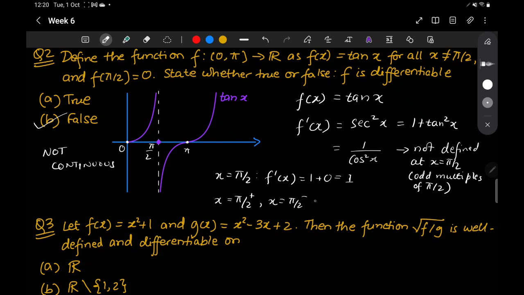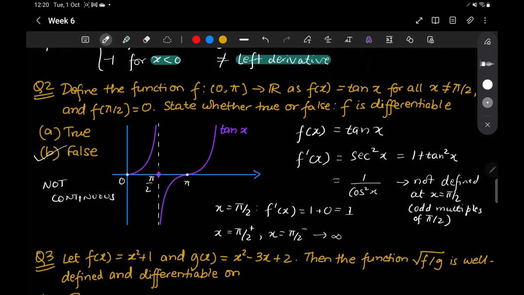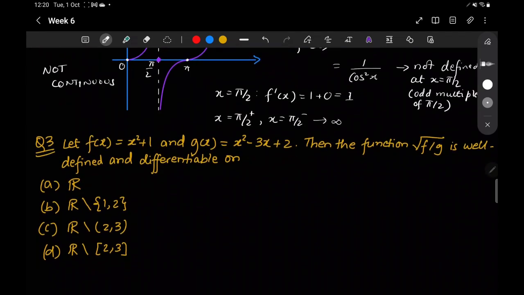And both these derivatives tend to infinity. So although the right hand and left hand derivative both tend to infinity, the value at x equal to pi by 2, the derivative is 1, and it is not defined for other odd multiples of pi by 2. So this function is not differentiable.